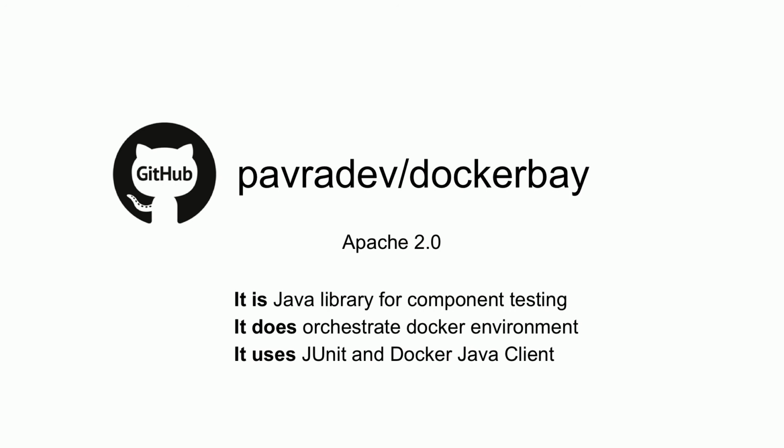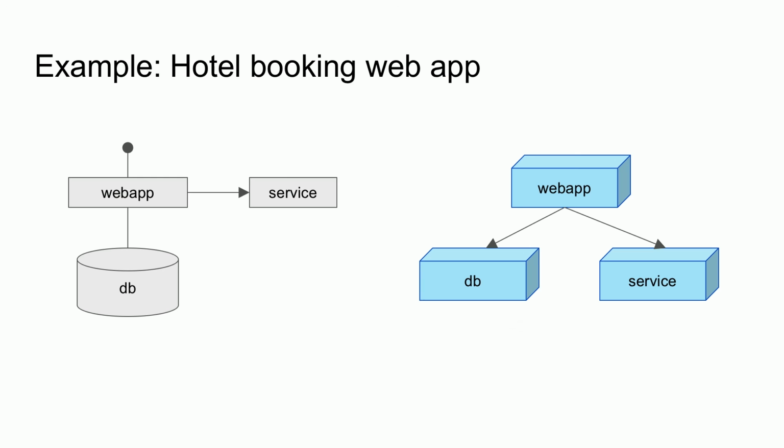So let's go through an example of how to use it, with a hotel booking web application. Let's say we have a simple microservice for booking hotels and managing hotels. And we have some external service that we use.